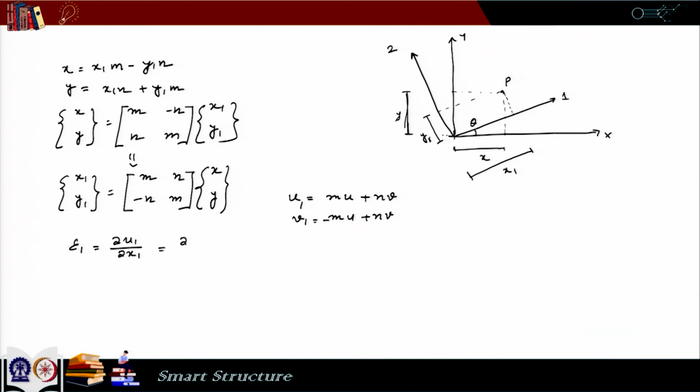So, we can write using the chain rule of differentiation as del u by del x into del x by del x1 plus del u1 by del y multiplied by del y by del x1. And now, we can write u1 in terms of u and v.